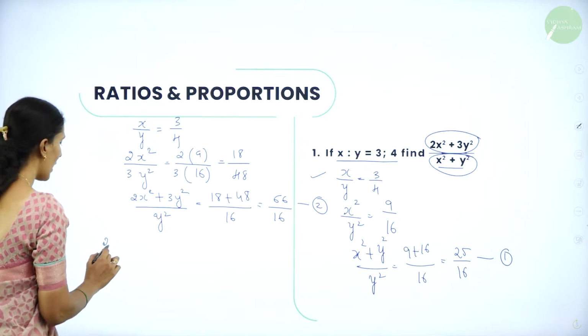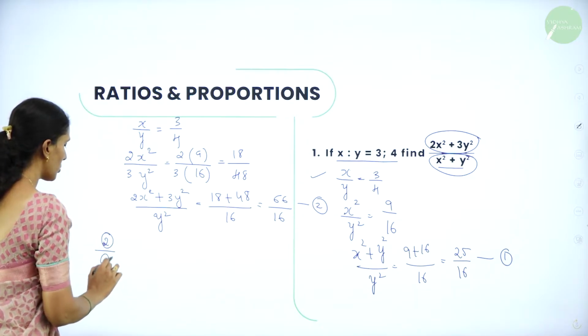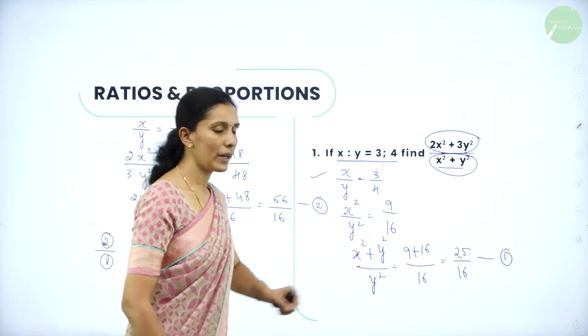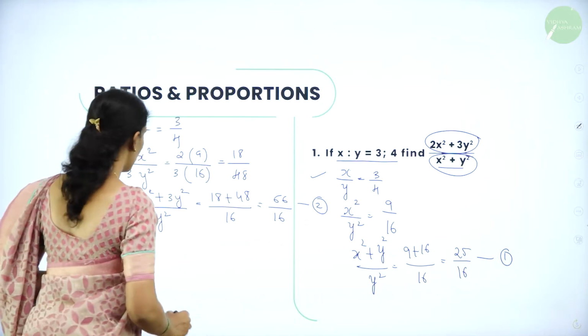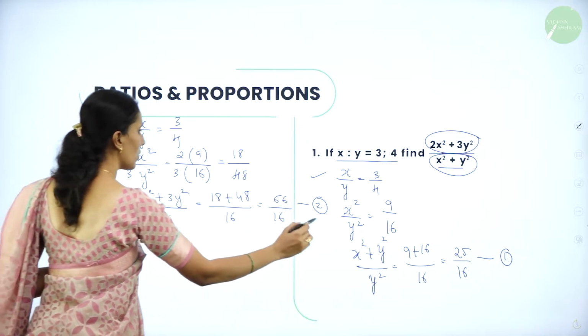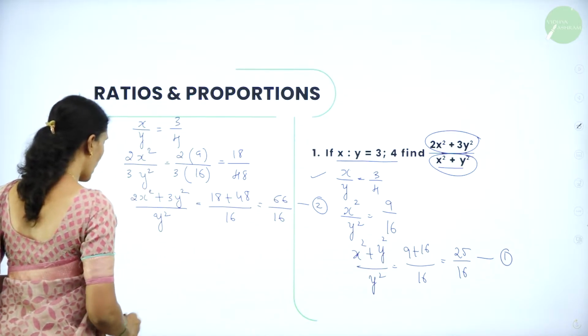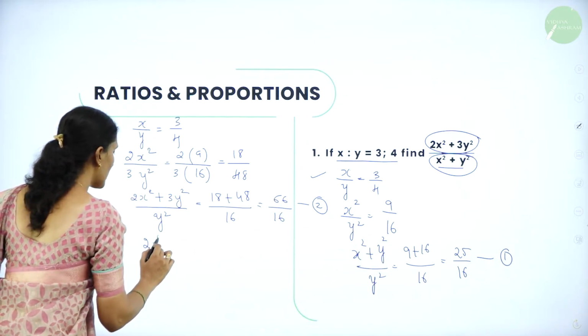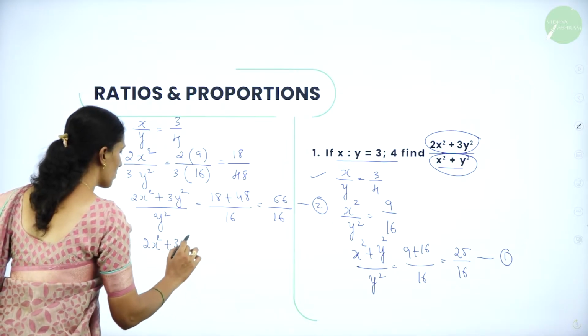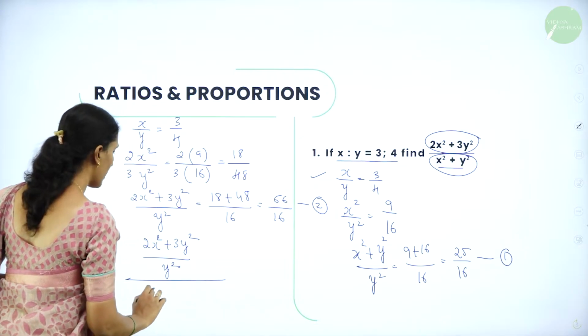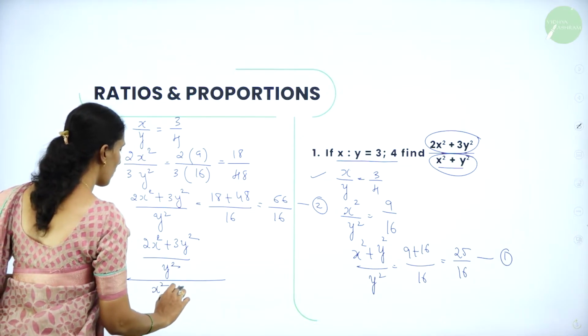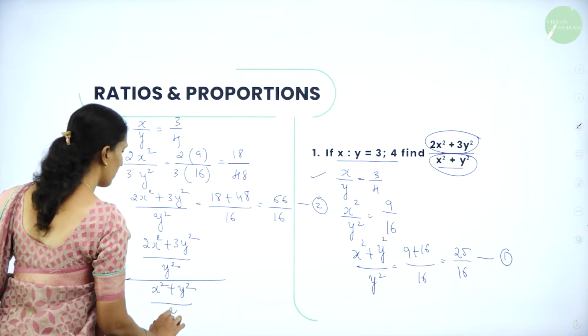Now let me divide equation 2 by equation 1. When we make the denominator the same, it gets cancelled. So I'm taking y square for both in the denominator. So that is 2x square plus 3y square divided by y square, whole divided by x square plus y square divided by y square.